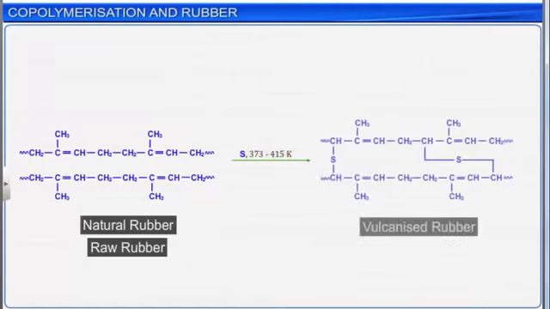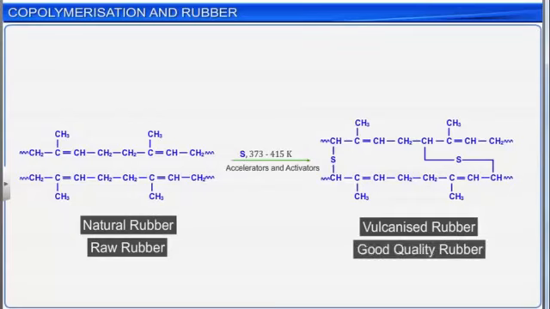This forms sulfur cross-links at the reactive sites of double bonds, such as allylic positions, and thus the rubber gets stiffer. Commercially, other substances called accelerators and activators are added to enhance the quality of the rubber.